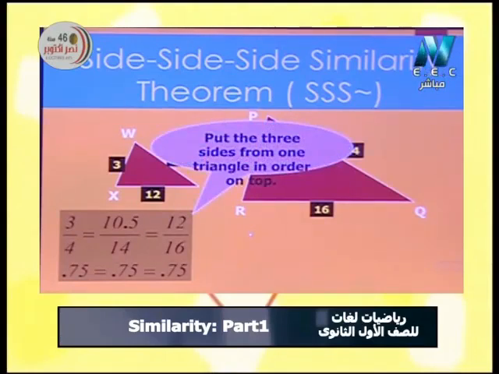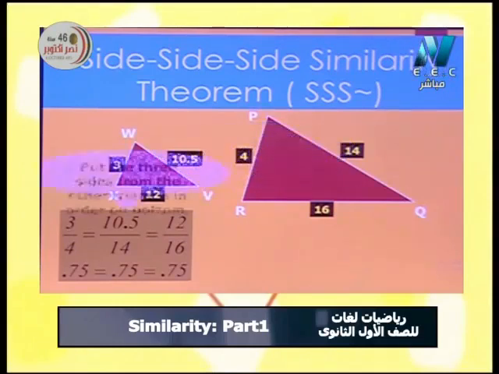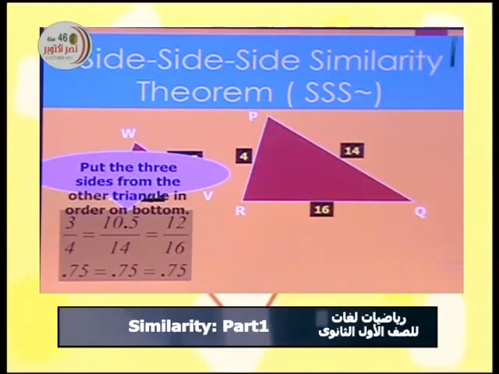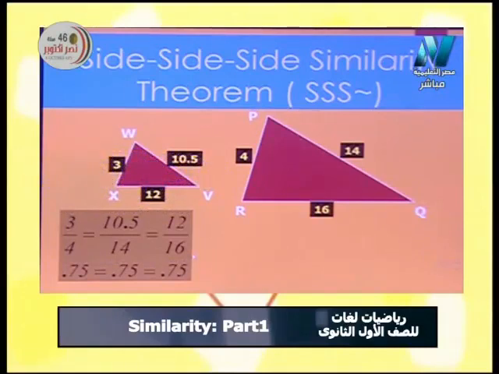What are the steps to answer this question? Put the three sides from one triangle in order on the top. Put the three sides from the other triangle in the bottom like that, but ascendingly.